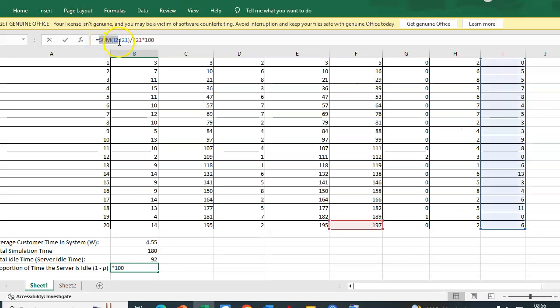The sum of the idle time of the customers divided by the last service end time, as you can see in red, that 197 is the service end time for the last customer, times 100, because we're looking for the proportion in percentage. So we get the total sum of the idle time for the customers over the service end time of the last customer times 100. And that's how you do this.